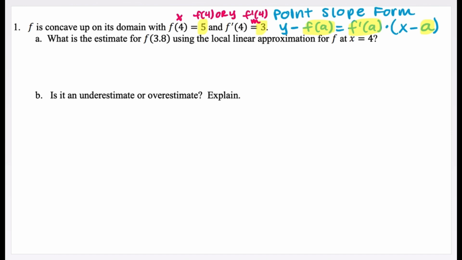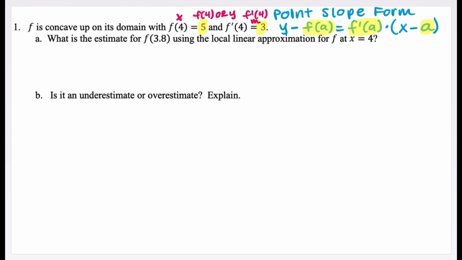So it says, what is the estimate for 3.8 using the local linear approximation for f at x equals 4? I'm going to plug the values into the point slope form formula, and then use that formula to estimate f of 3.8. My values in this problem are f of 4 equals 5 and f prime of 4 equals 3.